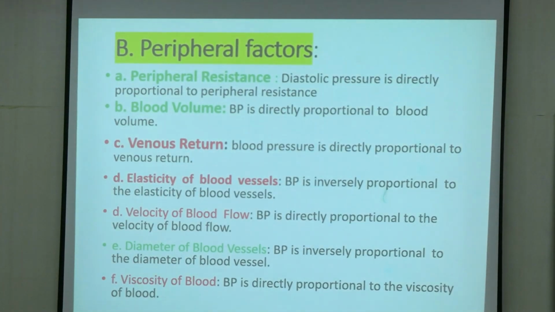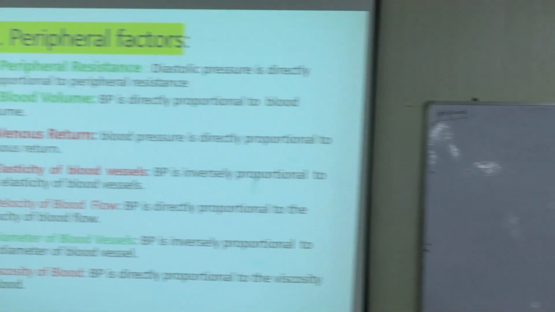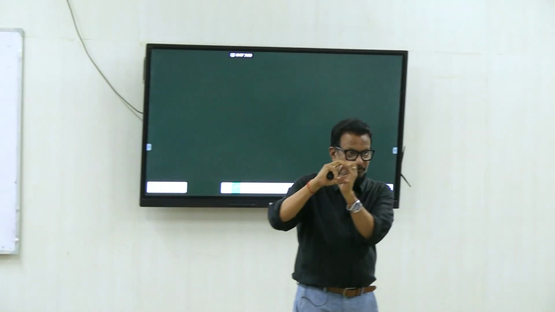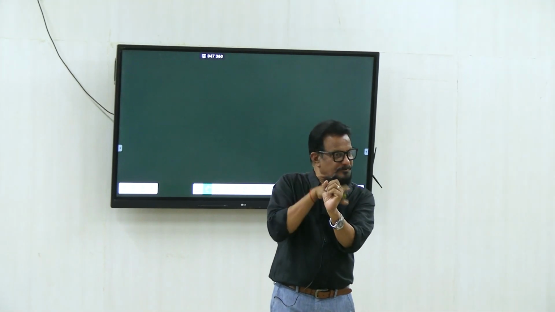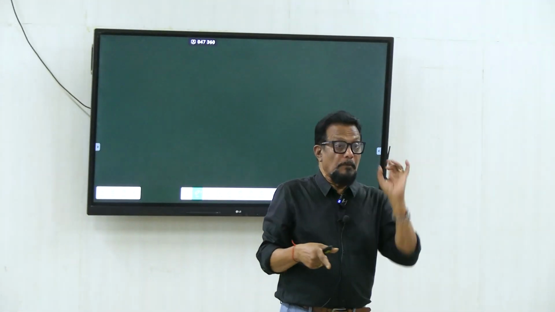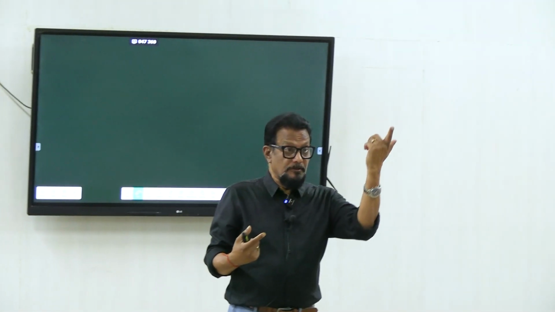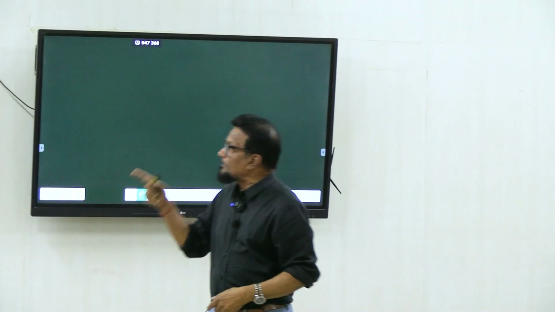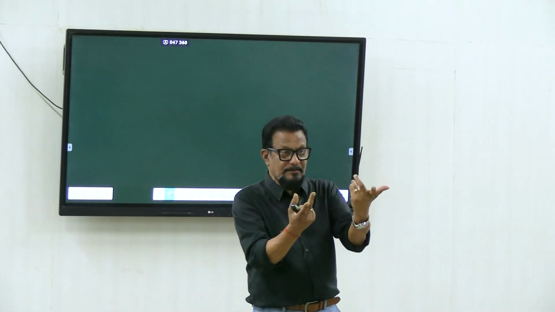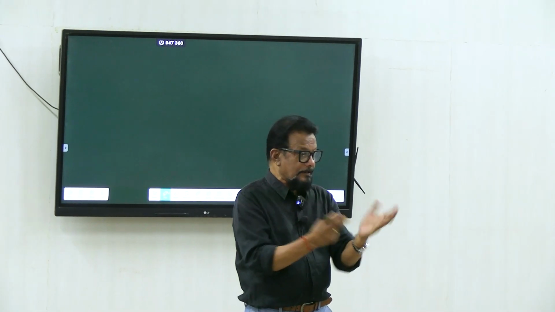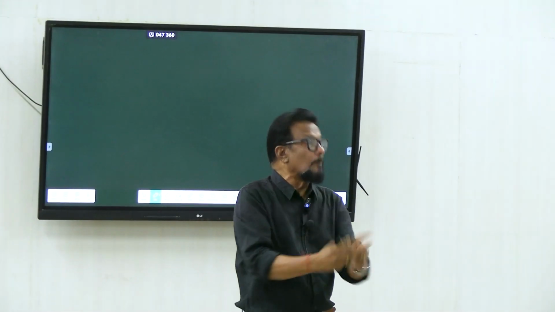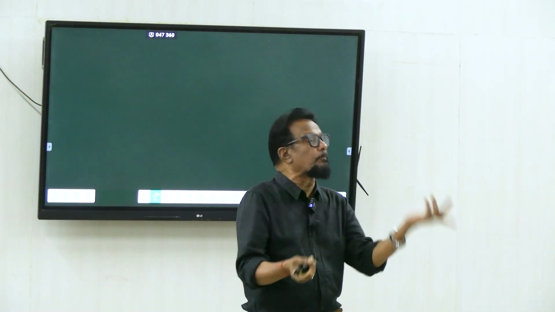One is peripheral resistance. If the peripheral blood vessels, arteries are constricted, there will be resistance to flow, so pressure will be increased. So when there is peripheral resistance, the pressure will be increased. And increased venous return, more blood is coming to the heart, and the heart will pump with more force, more stroke volume, more cardiac output, means more pressure.